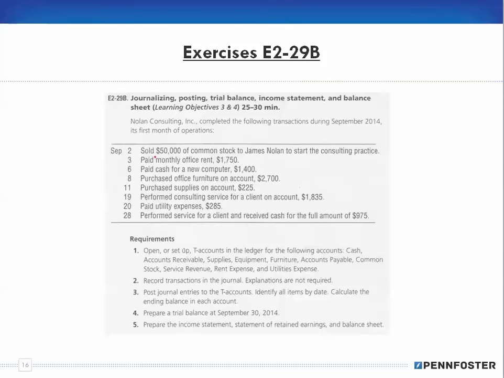It says here, September 2nd, sold 50,000 of common stock. I could put in the date, September 2nd, debit and credit. So I'm selling 50,000 of common stock, meaning the business is going to get cash for that stock. I ask myself the question, am I affecting cash? Yes.